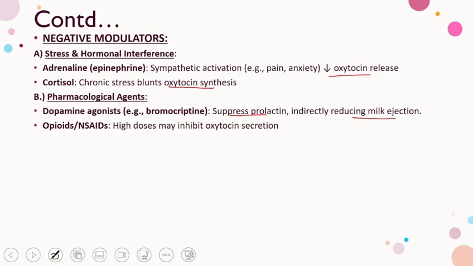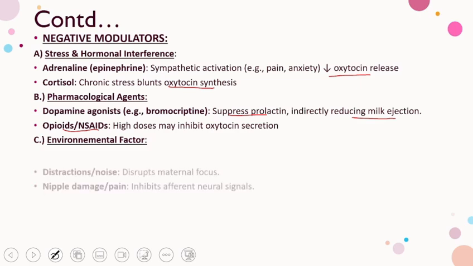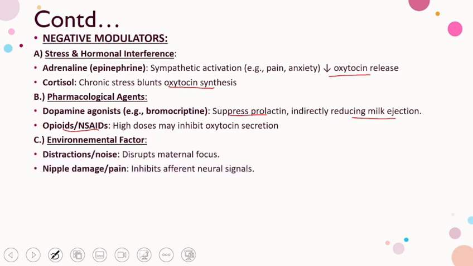Next are opioids and NSAIDs. High doses of opioids and NSAIDs may inhibit the oxytocin release, and environmental factors also influence the release of milk, like distractions or noise that will disrupt the maternal focus.